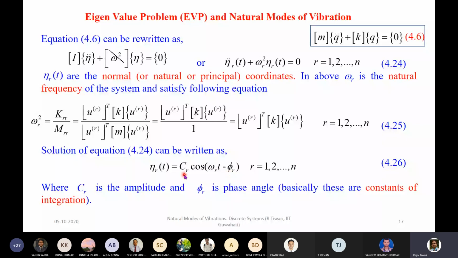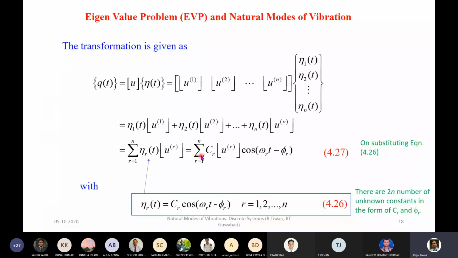The other form of this solution we can write by expanding this cosine term, which I am showing in the next slide. But here, this is the transformation which we used to transform the generalized coordinate to the natural coordinate using the modal matrix.